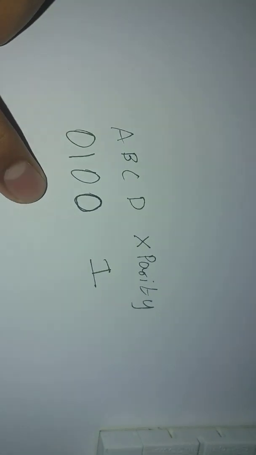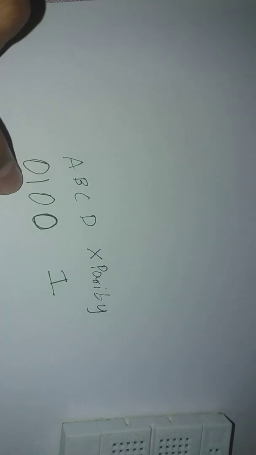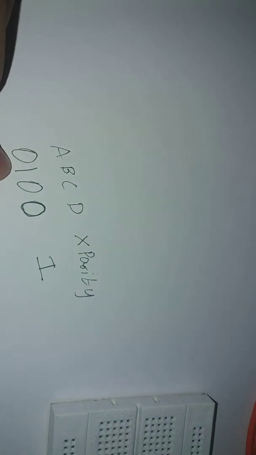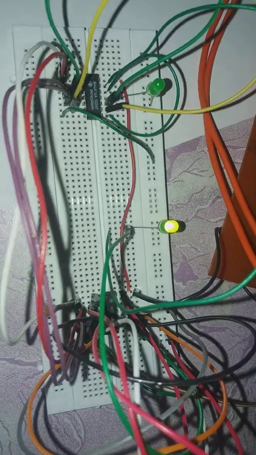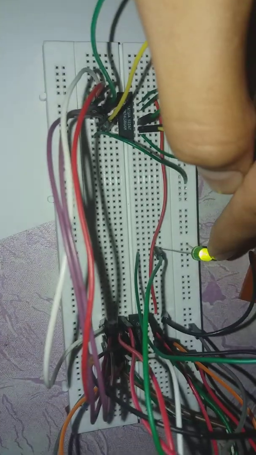So the checker will check whether the number of ones is even, in which case it will give 0, but right now the number of ones is odd, so it will give 1. We are demonstrating this property in this circuit: I have given 1 to this bit, so it is creating a parity bit.